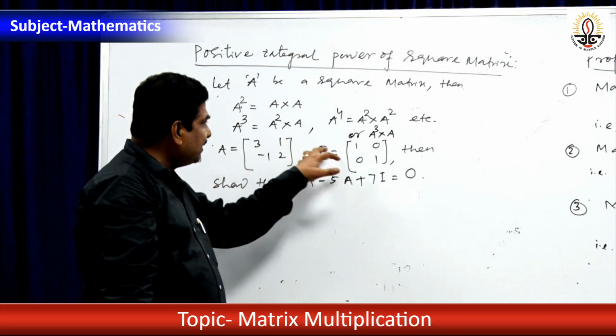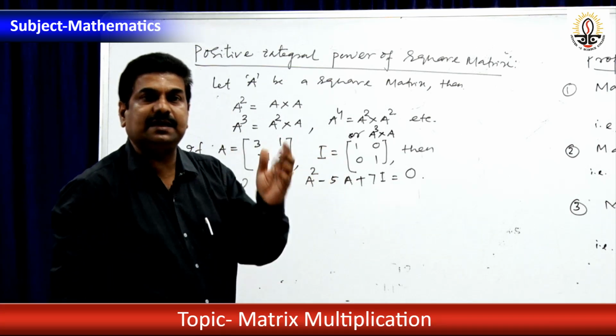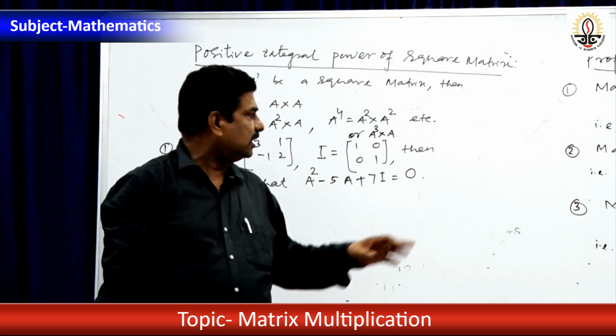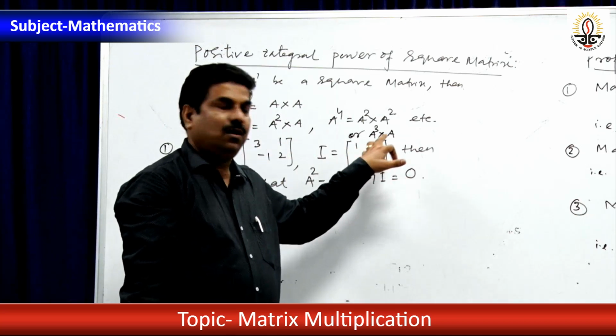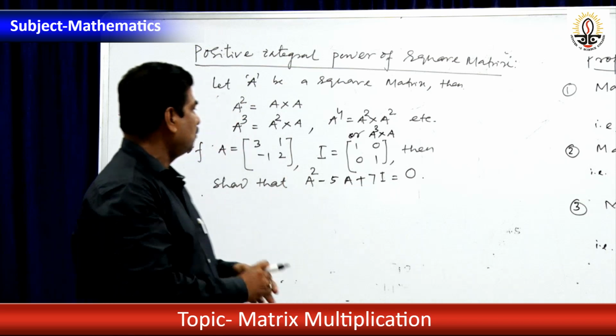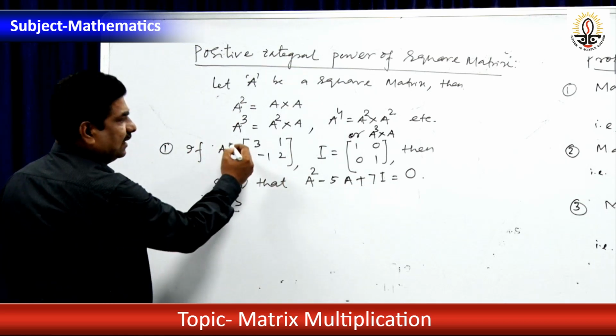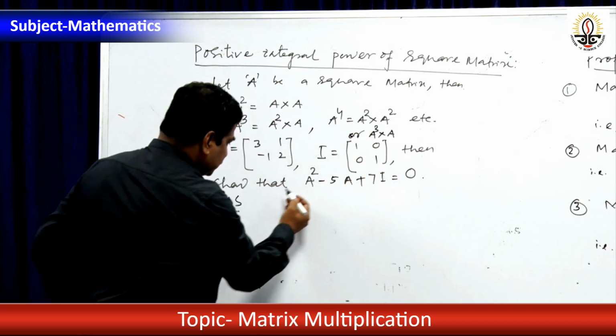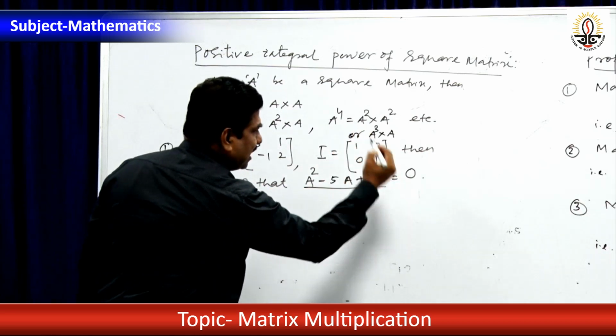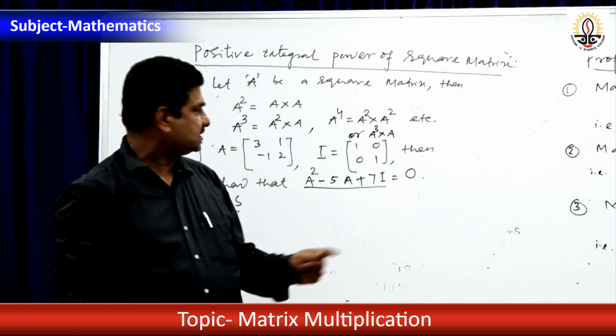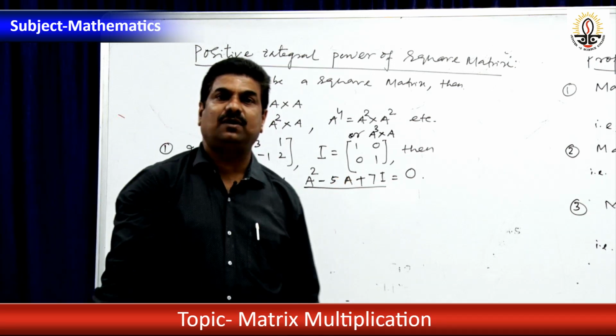So A is given, and we know that I is the identity matrix or unit matrix of order 2, [[1, 0], [0, 1]]. A is given, I is given. So we have to prove that A square minus 5A plus 7I is equal to the null matrix.